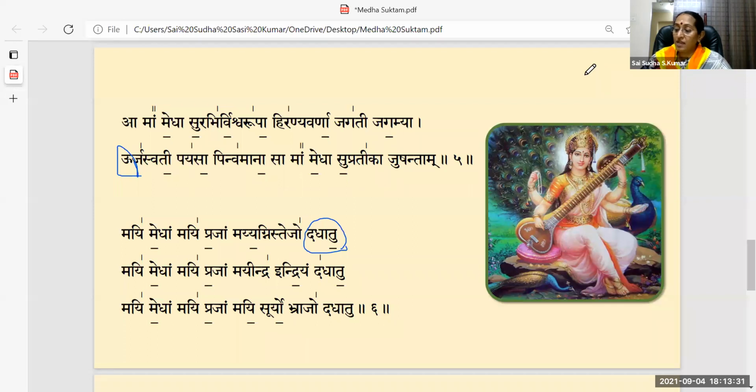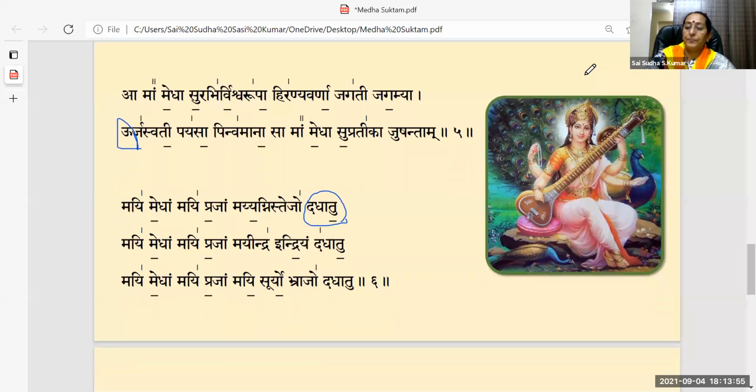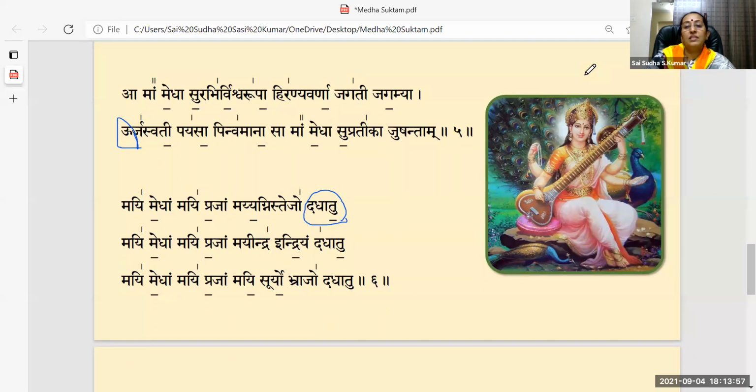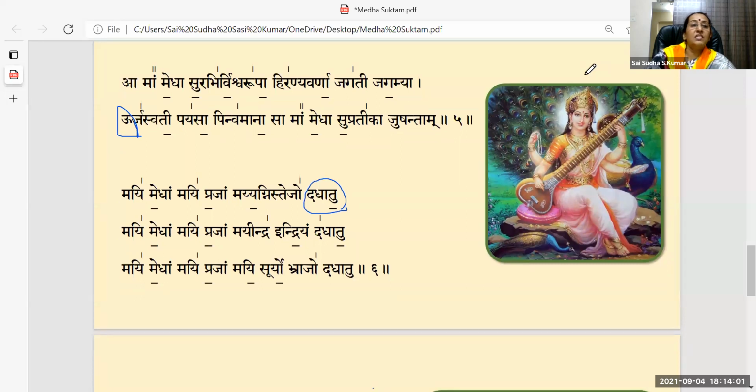Ashwini Kumars are the gods of medicine, and we are praying to them also for intellect, so that Medha Shakti should be established in us, so that we can pass on the message of this intellect from generation to generation.